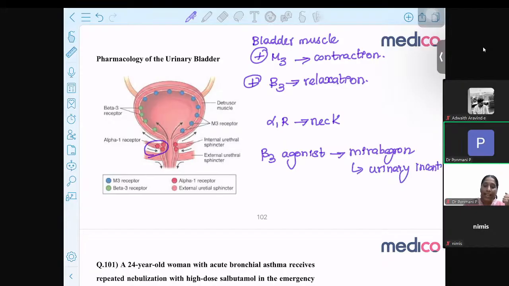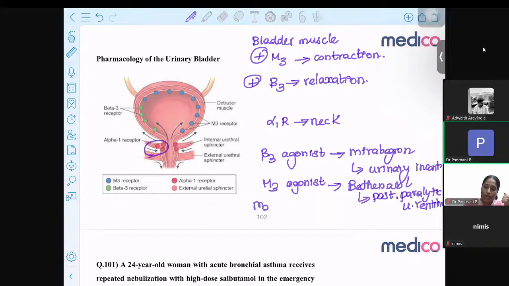For M3, you have an antagonist and also an agonist. The M3 agonist is bethanechol. It is used in post-operative paralytic ileus, and also in post-operative urinary retention.